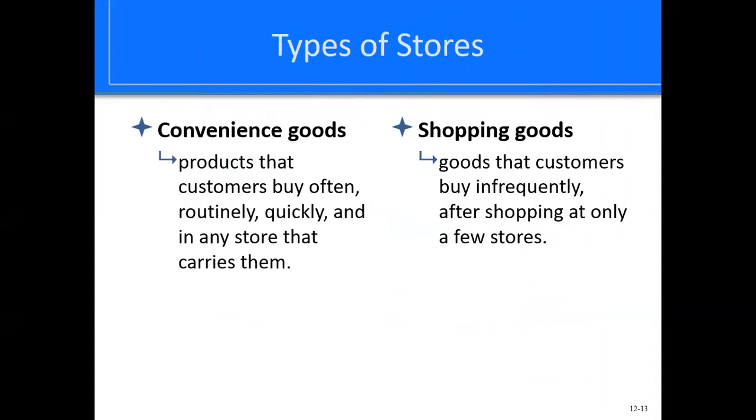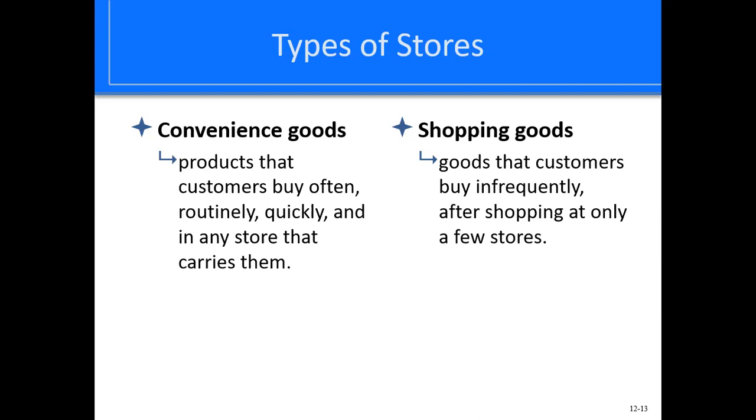So different types of stores: convenience goods, shopping goods. Shopping goods are something that they buy not that often, and that's only offered in a few stores.